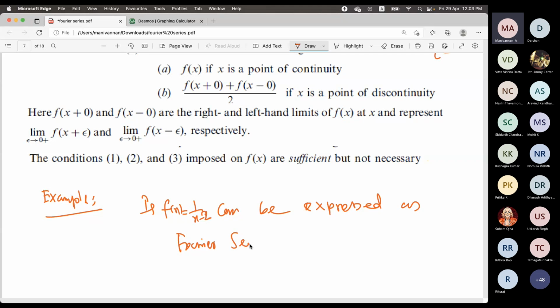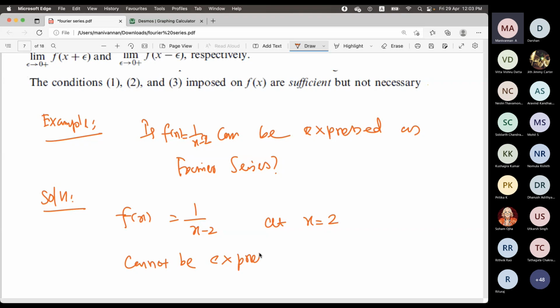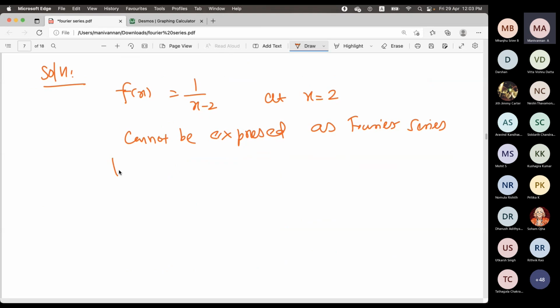The solution: the given function f of x equals 1 by x minus 2 at x equals 2 cannot be expressed as a Fourier series. Why? It is discontinuous at x equals 2.